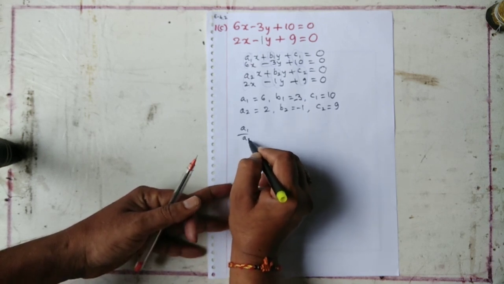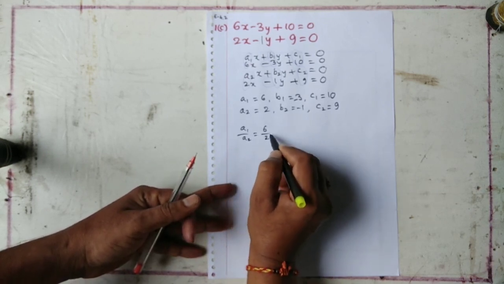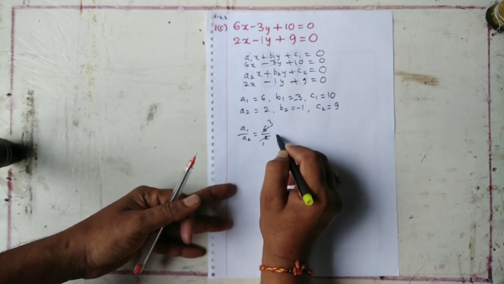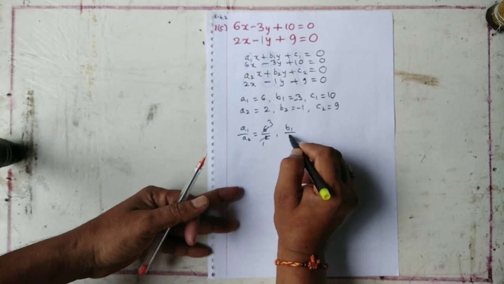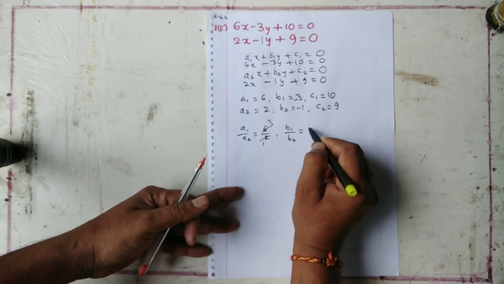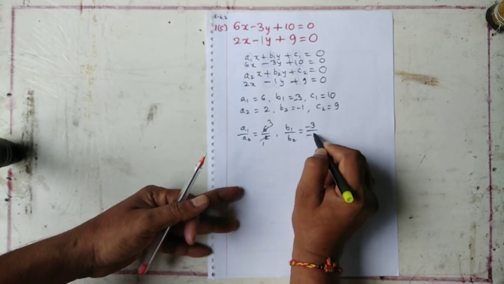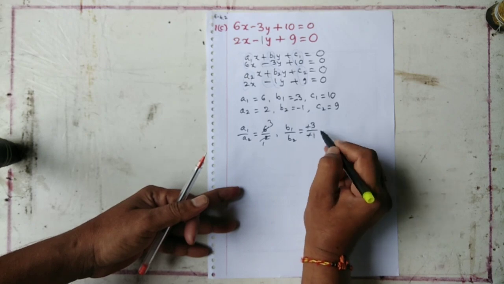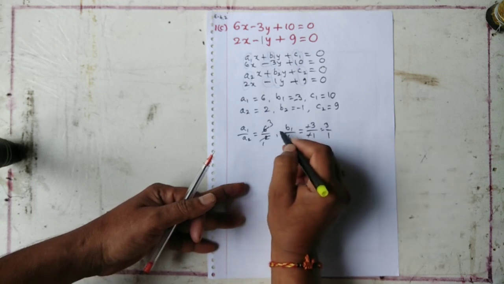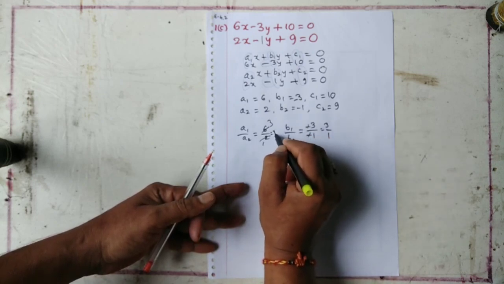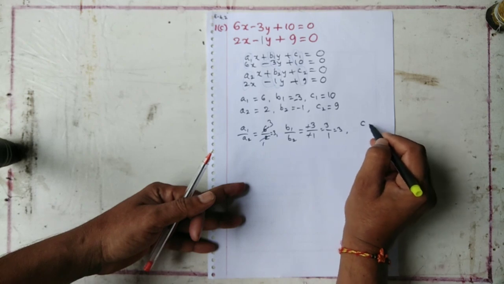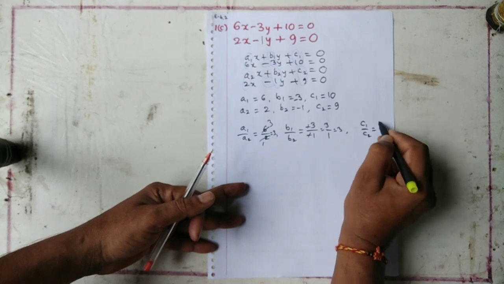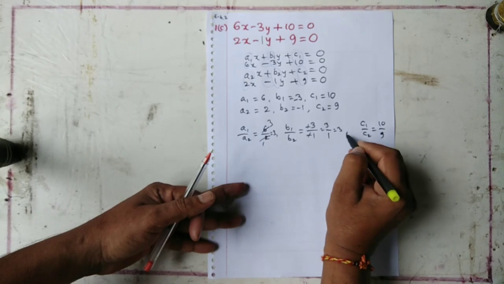a1 by a2, 6 by 2, that is 3. b1 by b2, minus 3 by minus 1, the minuses cancel, 3 by 1, which means 3. c1 by c2, 10 by 9.